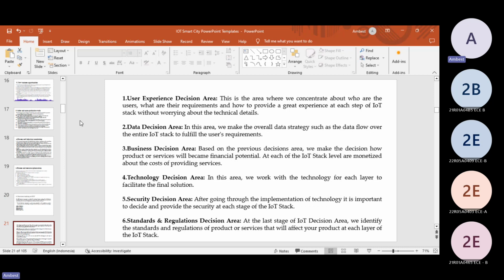In the data decision area, we make the overall data strategies, such as data flow over the entire IoT stack, to fulfill the users' requirements.